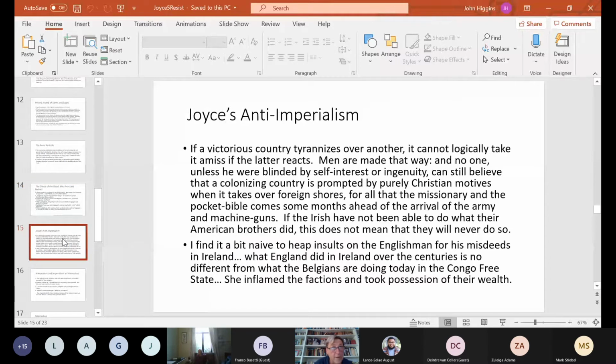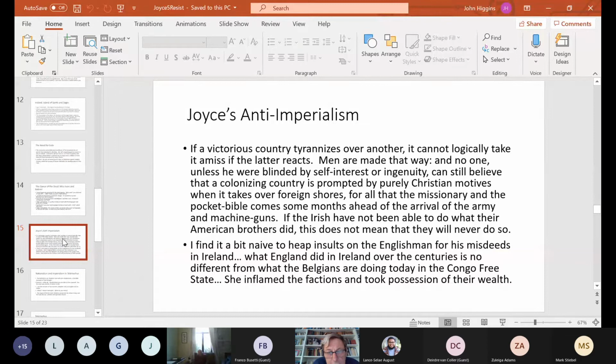Because whether he shared or not the tactics, strategies, goals and aims of the Irish literary renaissance of the period, he didn't. He did share a differently nuanced anti-imperialism. "If a victorious country," he writes, "tyrannizes over another, it cannot logically take it amiss if the latter reacts.